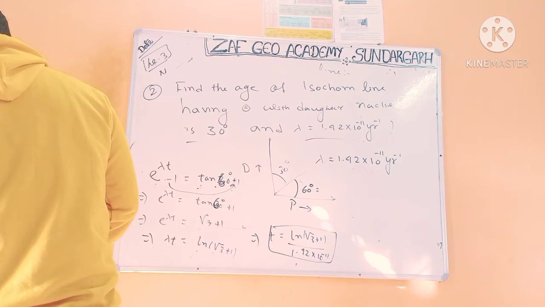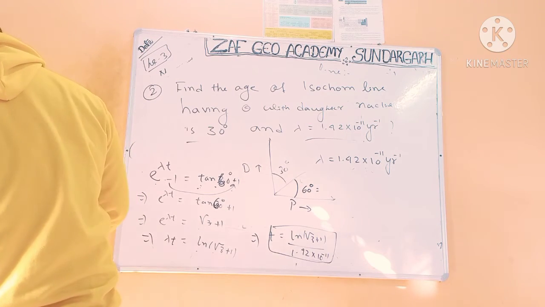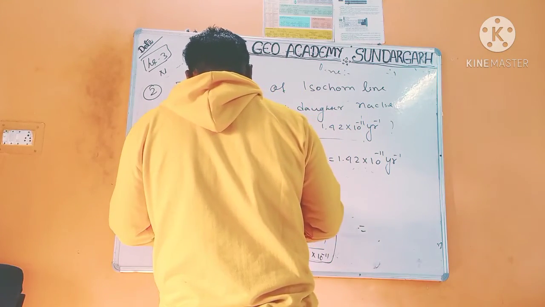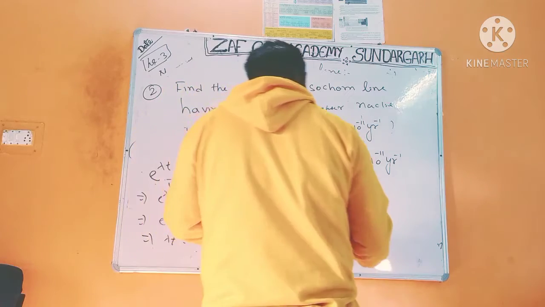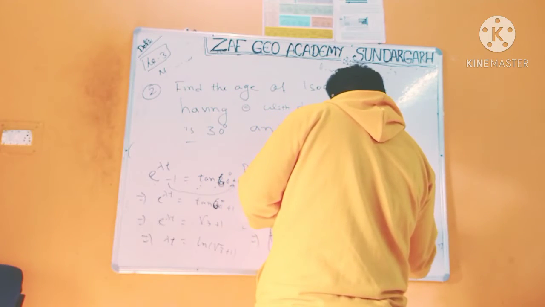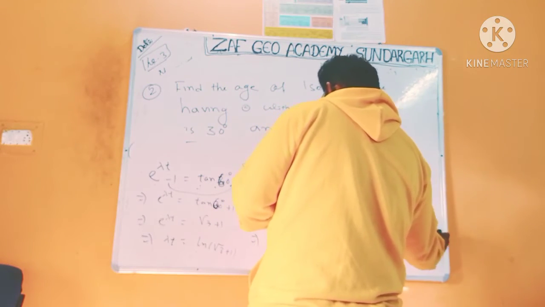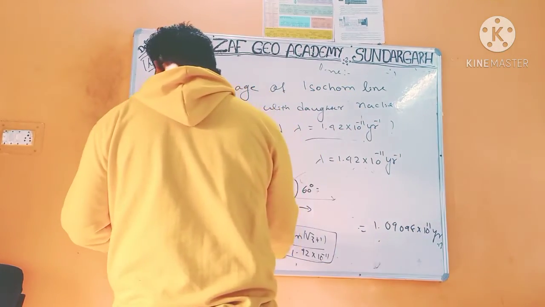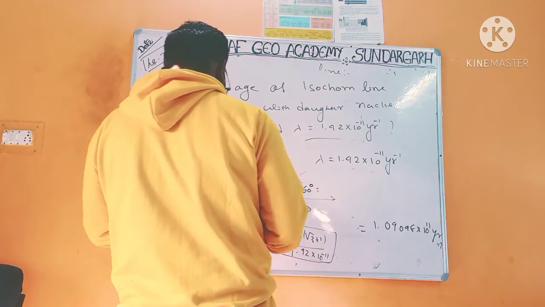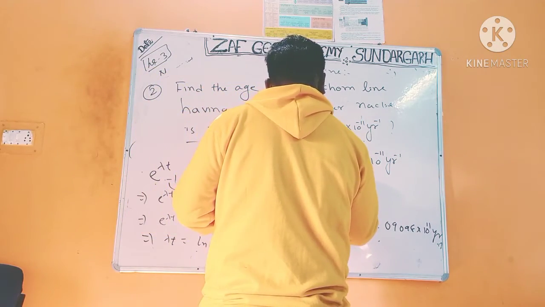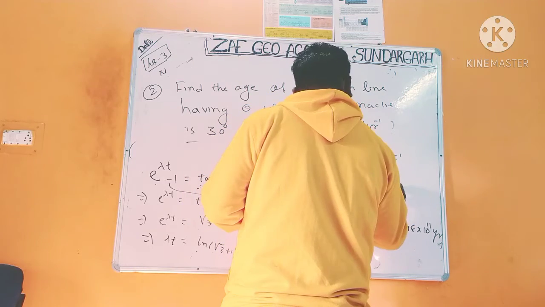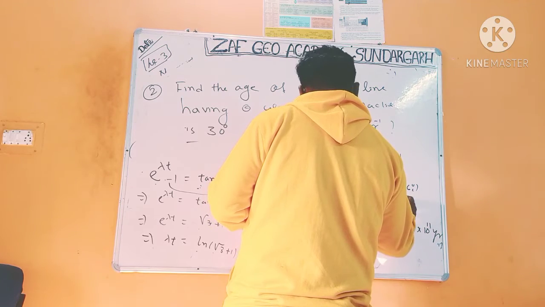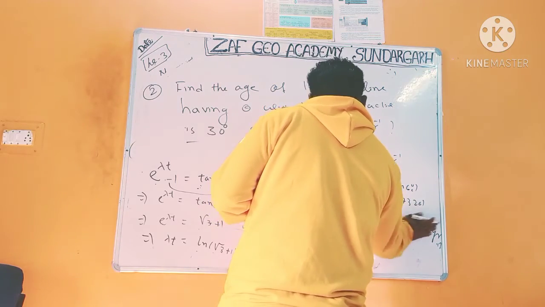The answer will be 1.09098 into 10 to the power 11. Let's see how to solve this for t. Look, e to the power lambda t minus 1 will be equal to tan of 60 degrees, which is 1.7320.